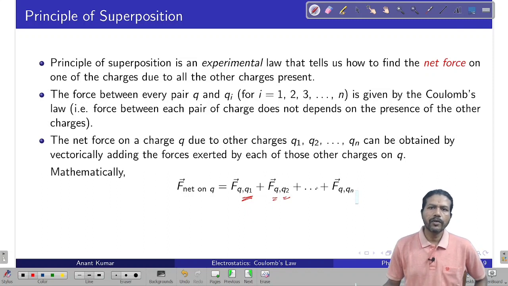So basically, I need to find the force which the individual charges exert on Q had the other charges not been there, and then add all of them vectorially, taking the directions into account as well.